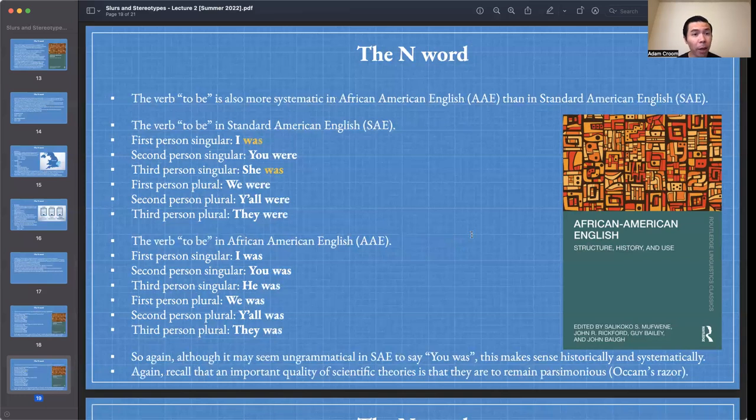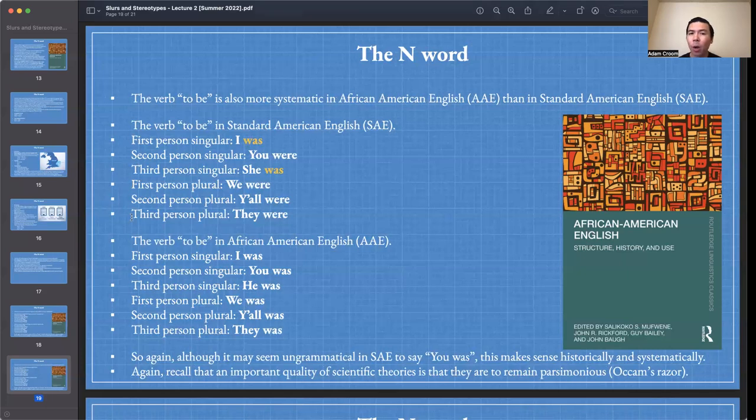In another case, the verb to be is also more systematic in African American English than in Standard American English. Here we have the verb to be in Standard American English, again in the first, second, and third person singular, as well as the first, second, and third person plural.